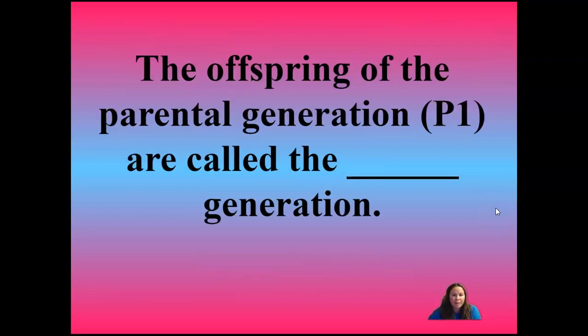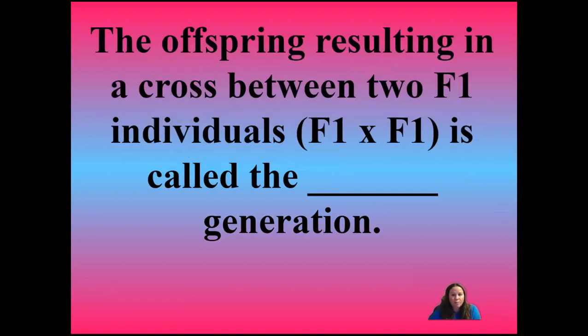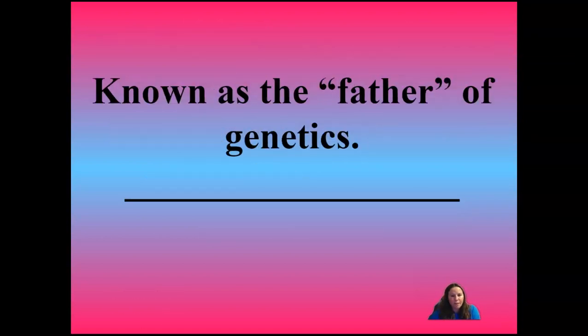The offspring of the parental generation, or P1, are also called the F1 generation. The offspring resulting from a cross between two F1 individuals is called the F2 generation. Known as the father of genetics, answer is Gregor Mendel.